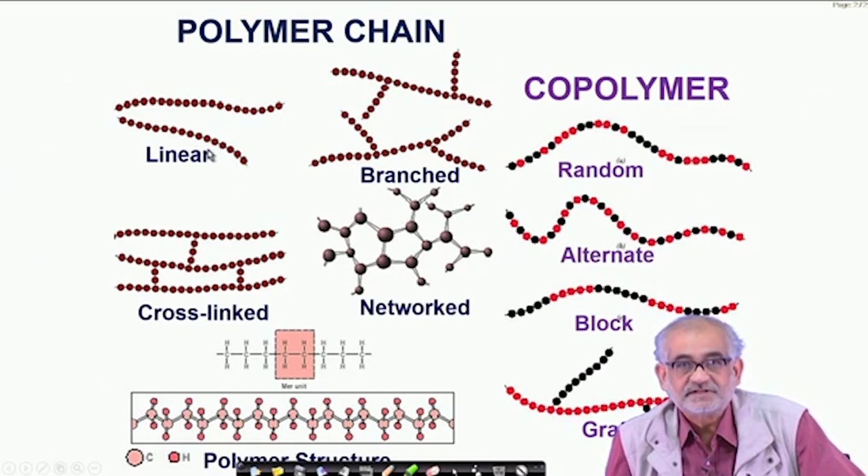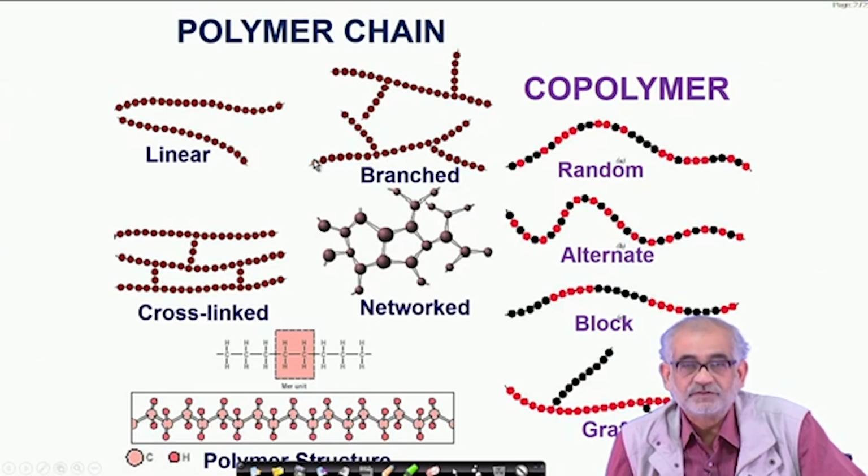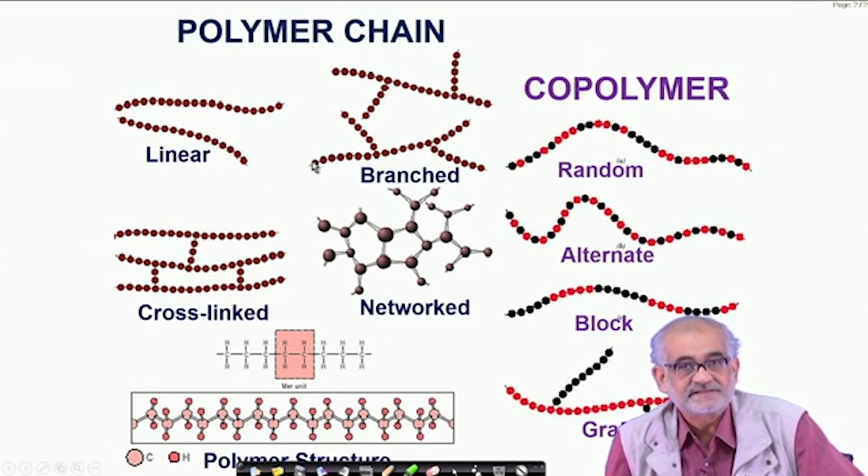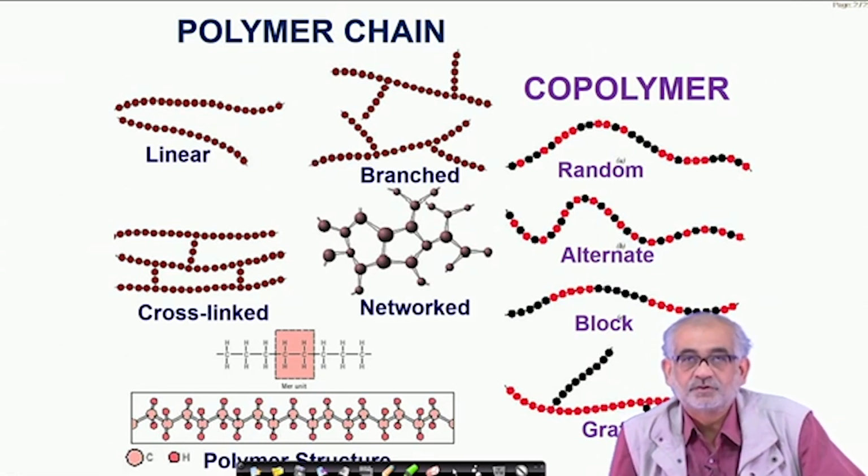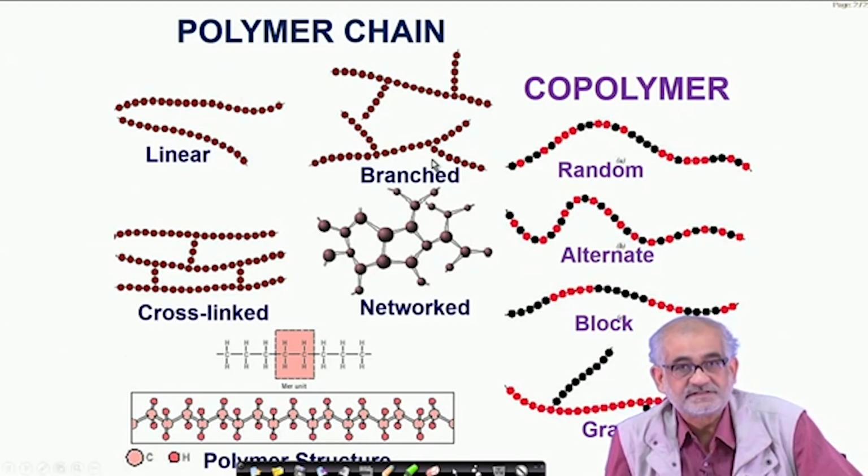Now these mers, when they join with each other in a long chain, develop what is known as a polymer. And these polymers can be manifested in purer form as linear polymers or branched polymers, cross-linked polymers, or network polymers. What we need to immediately understand is that along the length of the chain, we have only one bonding, and that is exactly of the same magnitude, covalent, where the electrons are shared between the nearest neighbors.